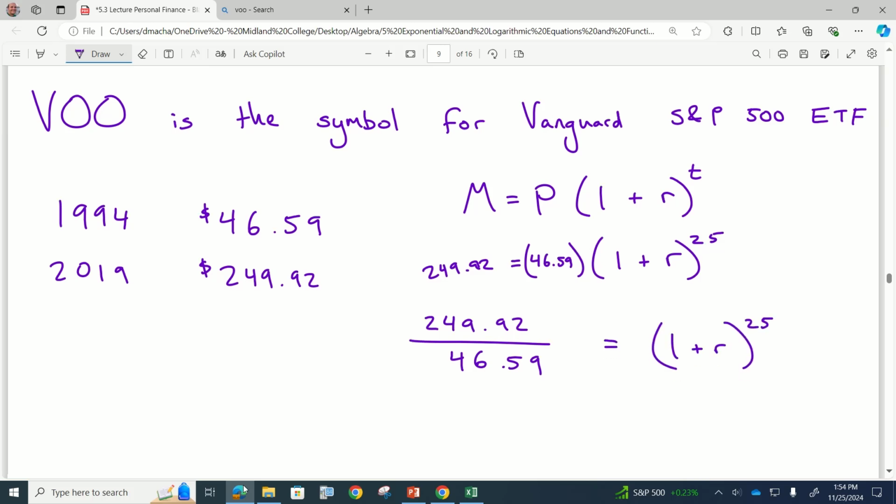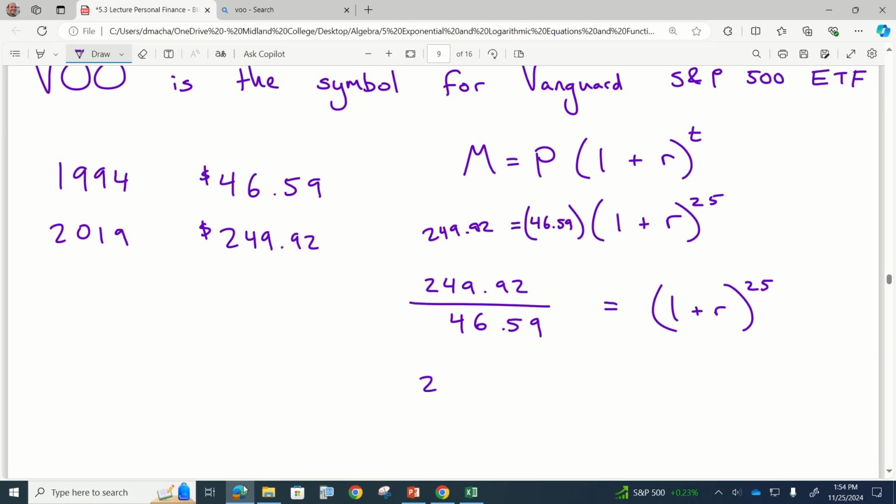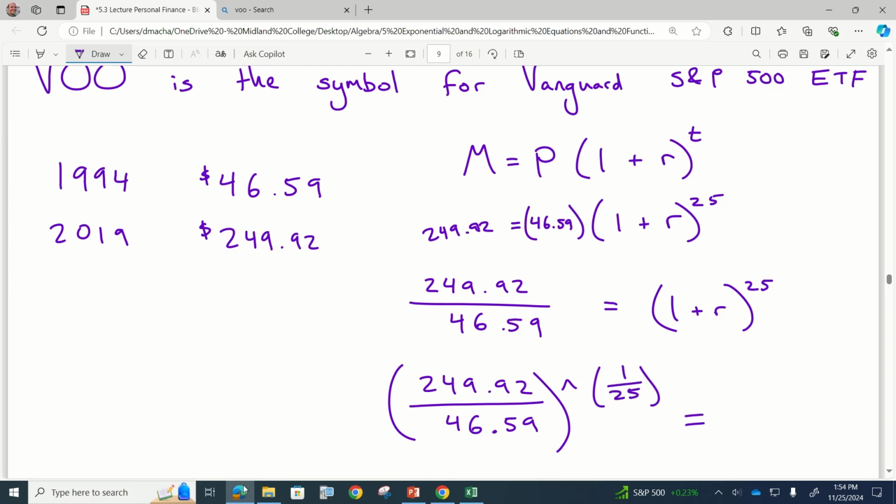And if I want to get rid of that 25th power, I would need to take the 25th root of both sides of my equation. And you might remember that the 25th root is the same thing as raising to the power 1 divided by 25.